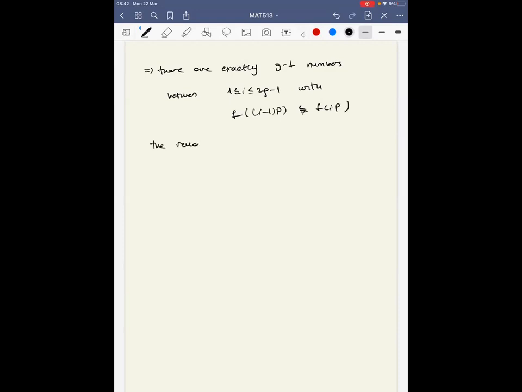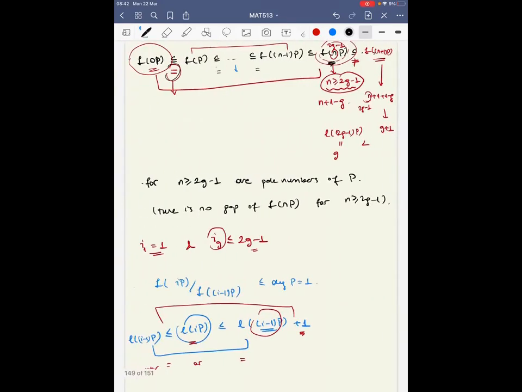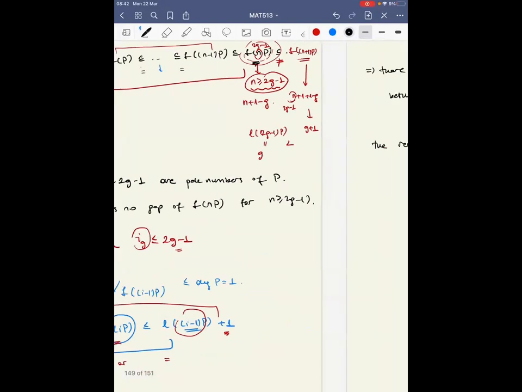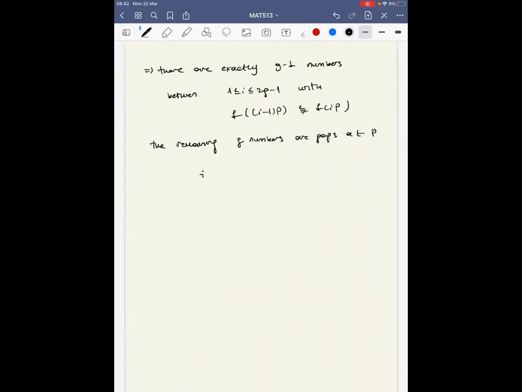And the remaining g numbers are the subset P. And all of them have jumps of length 1, and we get the proper inclusion.